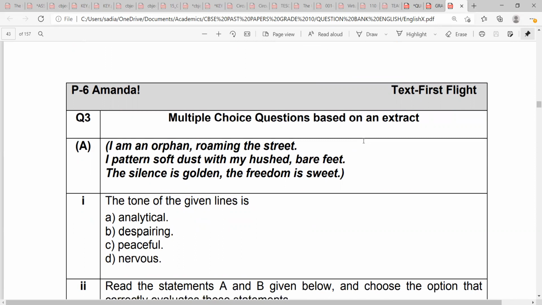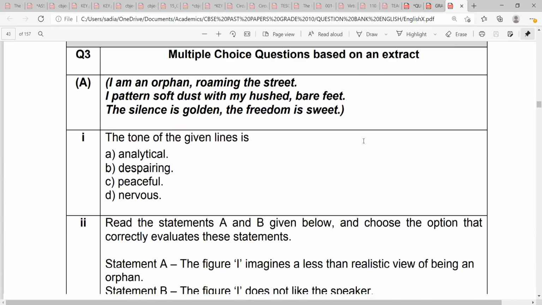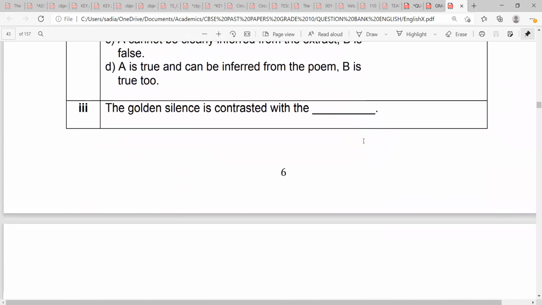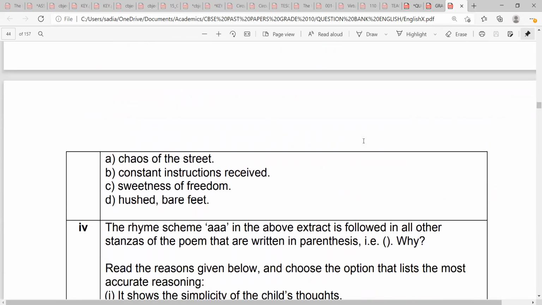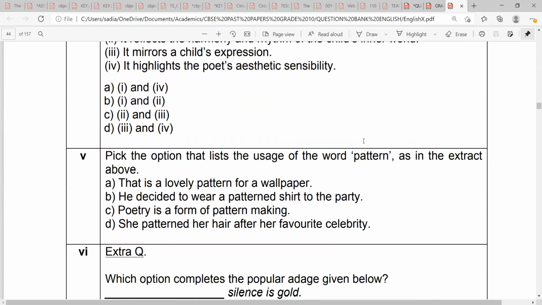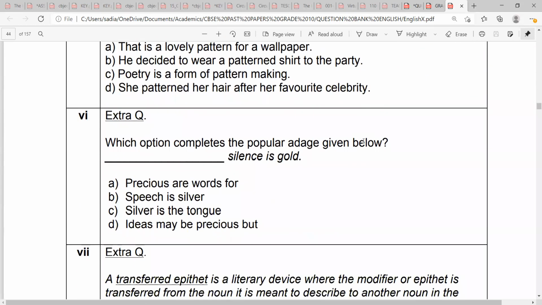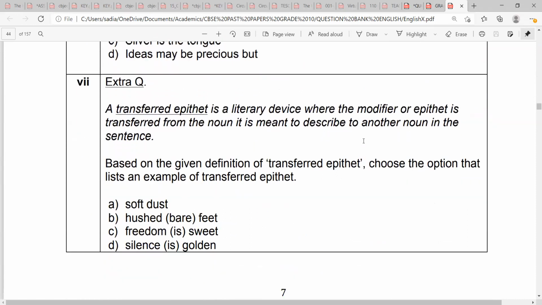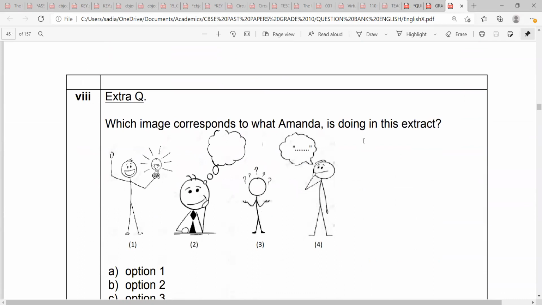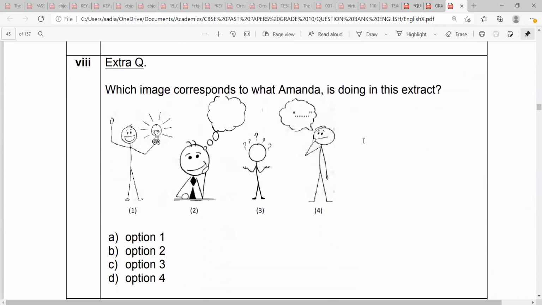Amanda, textbook first flight. Read carefully, pause the video and read. It's the question.